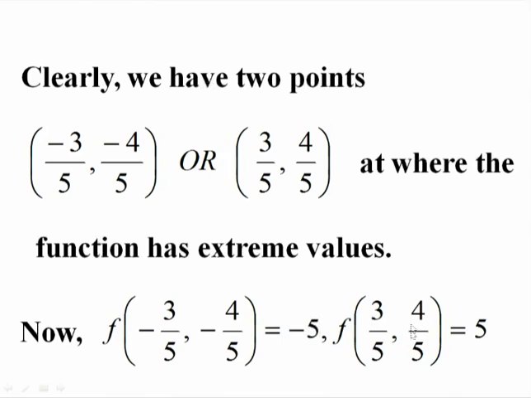If we compare with the value of the function at another point in the neighborhood, 0, 0 is in the neighborhood, so f of 0, 0 is 0, which is less than that. So this is a bigger value compared to the value of the function at a point in the neighborhood of this point.